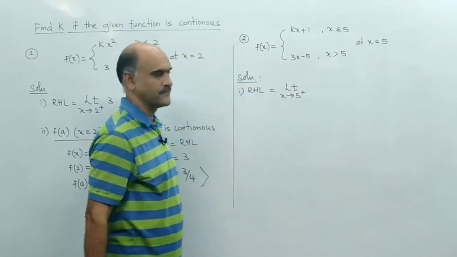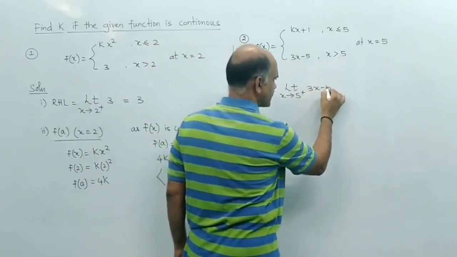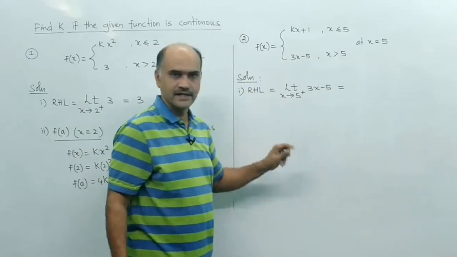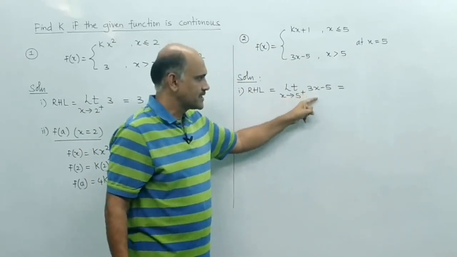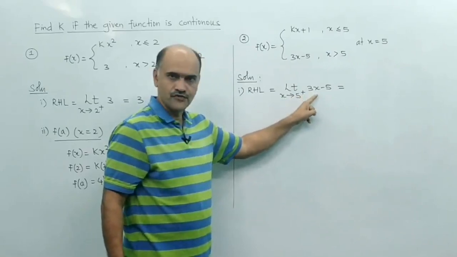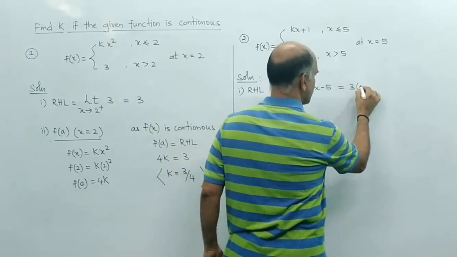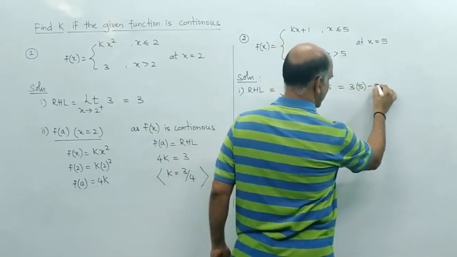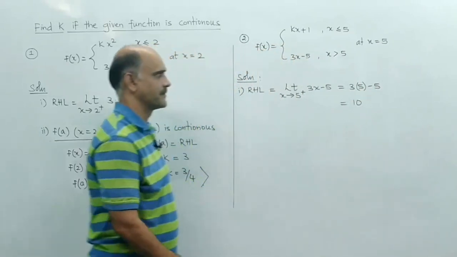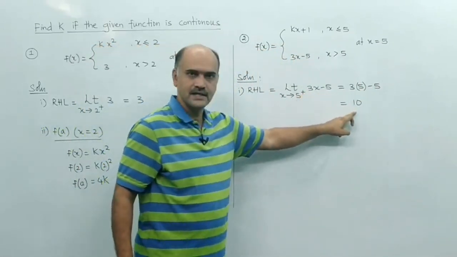The function is 3x minus 5. Now simplify this. The denominator is 1, so directly I can substitute 5. You need not simplify. If I substitute 5, 3 into 5 minus 5, 15 minus 5, you will get 10.